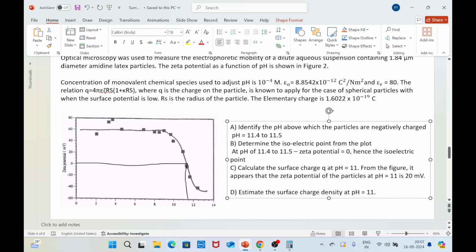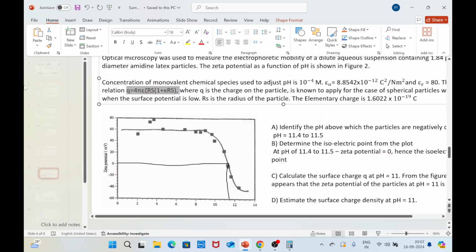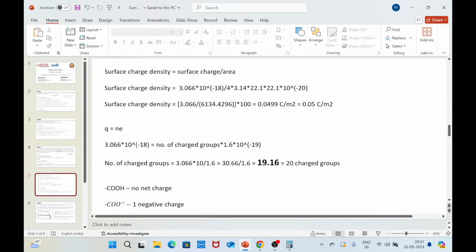Now, part C. Calculate the surface charge Q at pH 11. They have given the zeta potential value as 20 millivolt. So it's just substituting in this expression. Once you substitute, you will get the value, and parts C and D are very similar to what we did here.